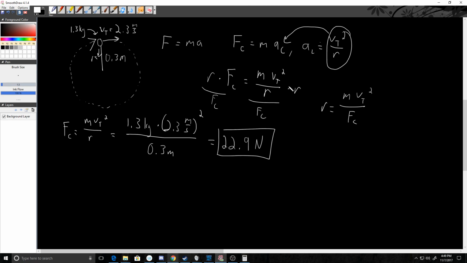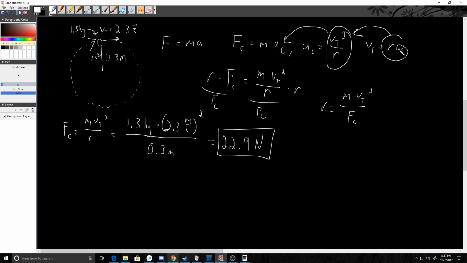So essentially, we can do algebra to these things. We can substitute equations in for things and still be fine. For instance, if I didn't know the tangential velocity, I could plug in tangential velocity equal to radius times the angular velocity, if I knew the radius and the angular velocity.